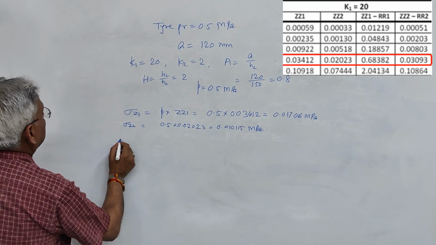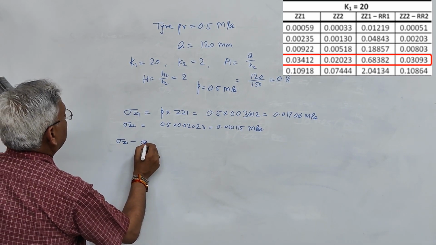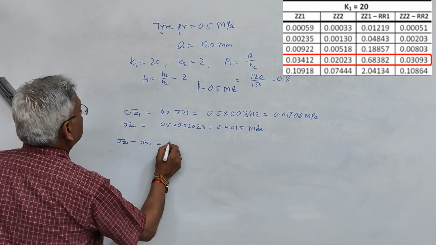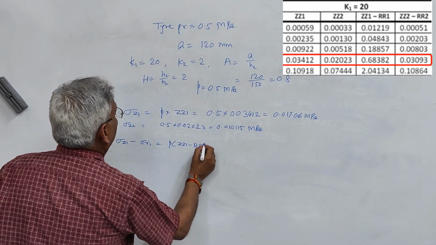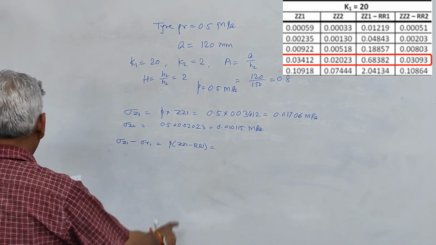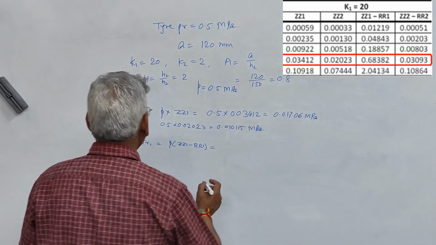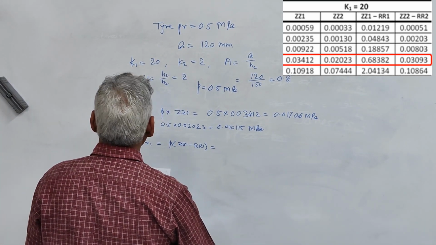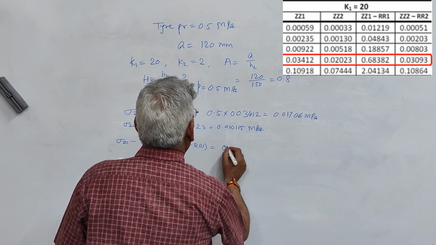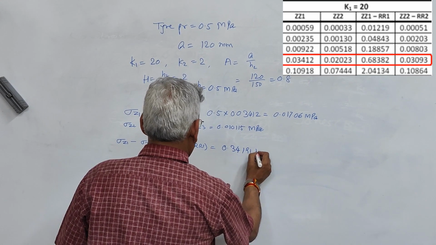Now sigma Z1 minus sigma R1 is P times ZZ1 minus RR1, and this value is 0.68382 multiplied by 0.5. So this value is 0.34191 MPa.